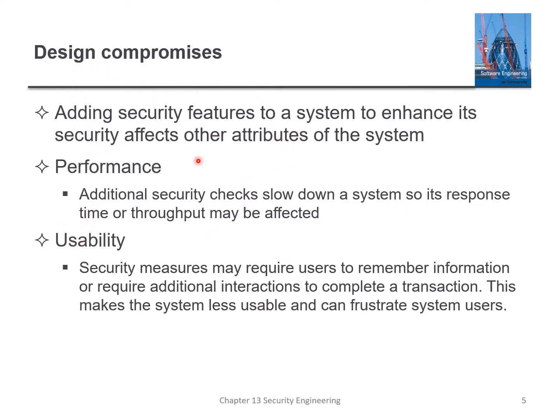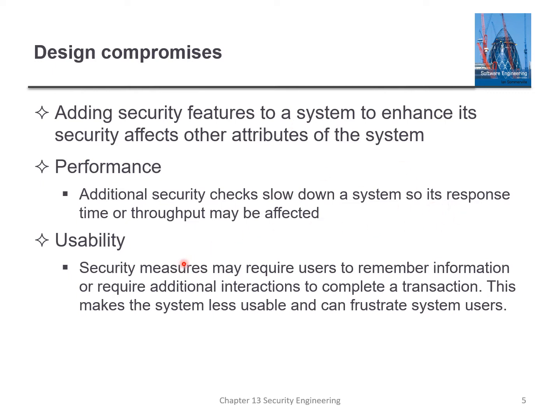So I've mentioned just previously, if you want to have a secure system, it will also actually affect other attributes or other non-functional requirements. Okay, it will affect the performance, right? Because there are so many checking involved, right? Before you transfer, you have to encrypt, and then when it reaches the destination, it has to be decrypted, and all those actually slow down the performance.